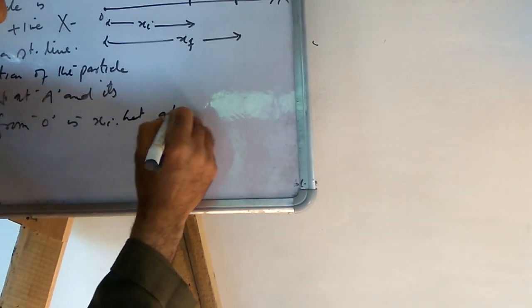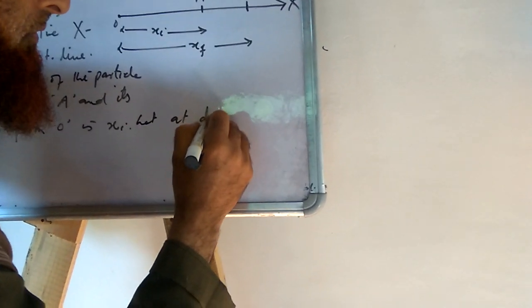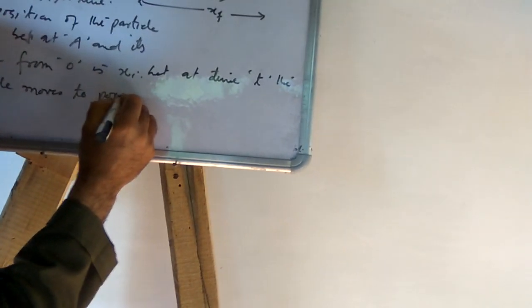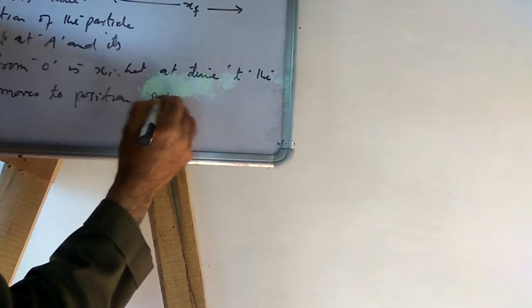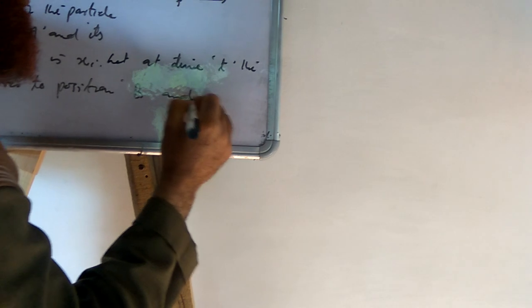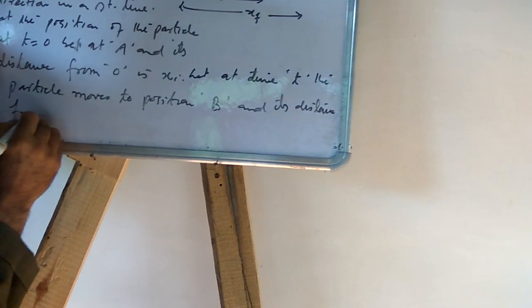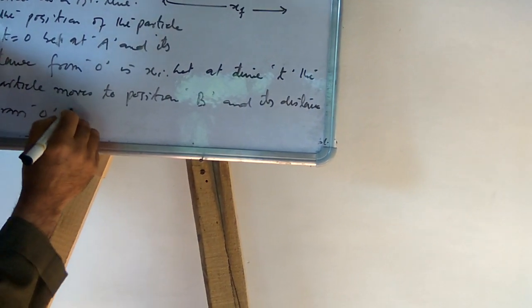Let at time t the particle move to position B and its distance from O is xf.